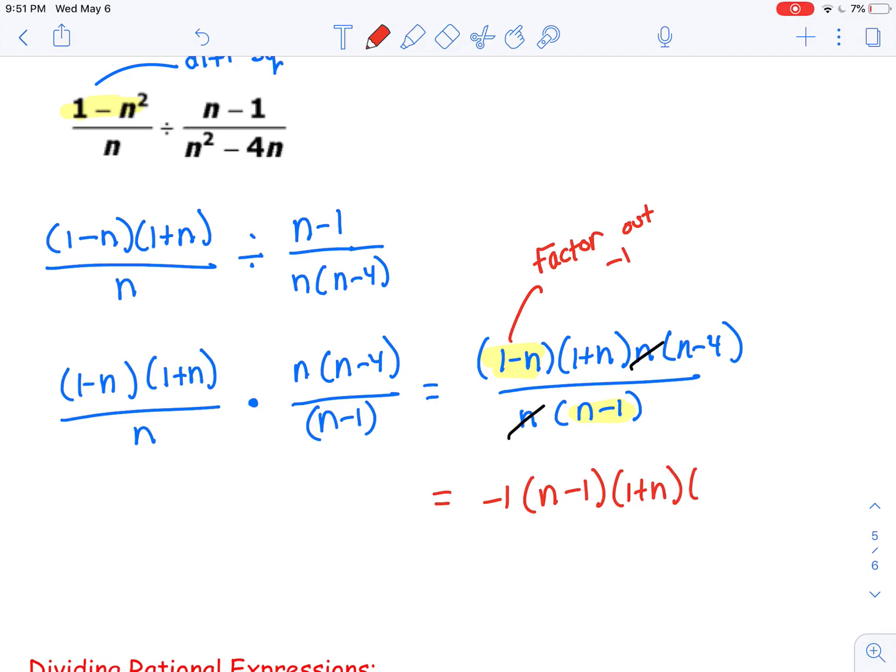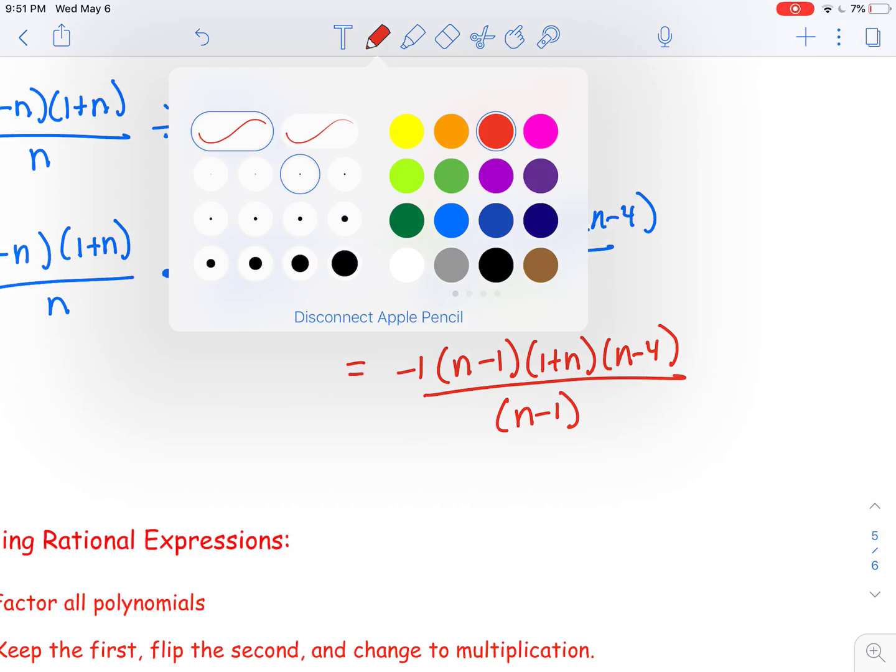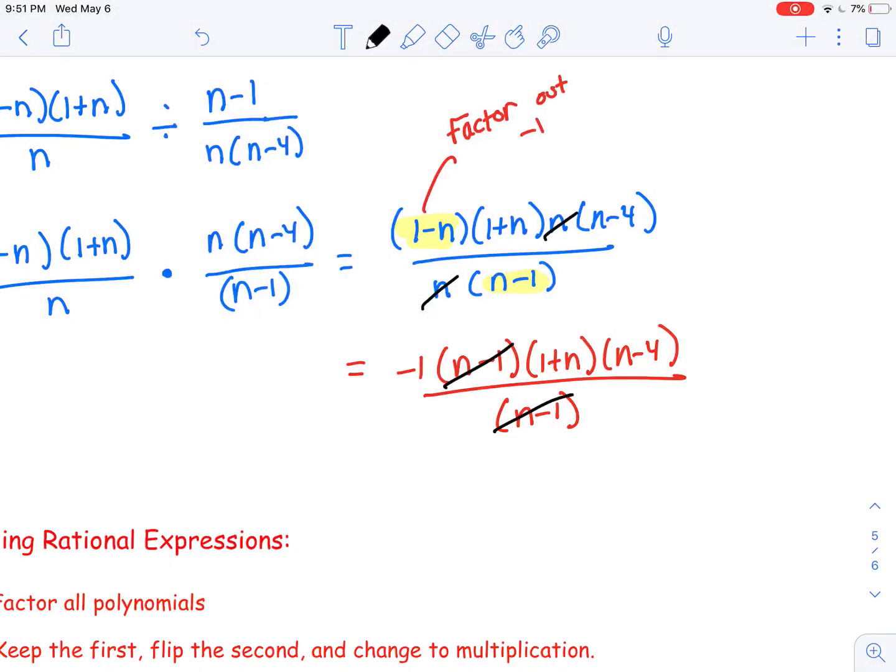I cancel the n, so I'm left with n minus 4. And I have n minus 1 on the bottom. Now I can cancel the n minus 1s. So I get a final answer of negative 1, 1 plus n, n minus 4, and I cancel the bottom, so that's just like a 1. This is my final answer.